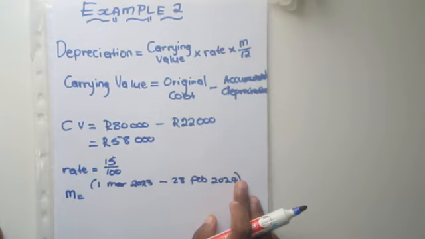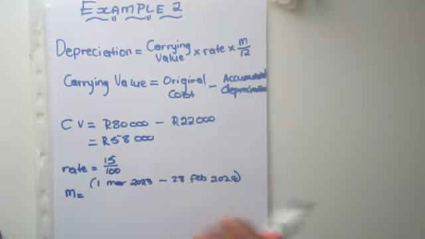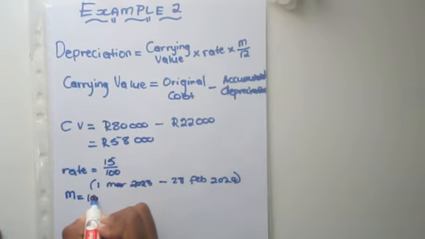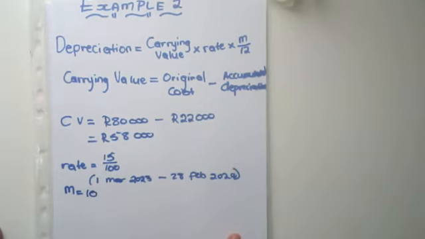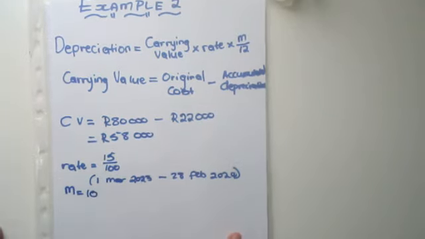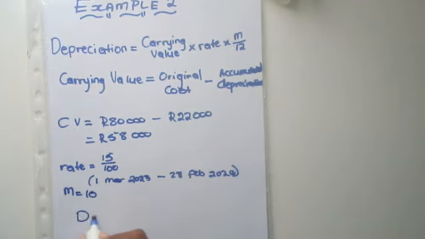So you will calculate your months, and the month of December in this case will be included because I'm also looking at the day. In example 1, September was not included because it was sold on the 1st of September. But this asset was sold at the end of the month, so that month will also be included. So December is included, and when you include December in your calculation, it will give you a total of 10 months.